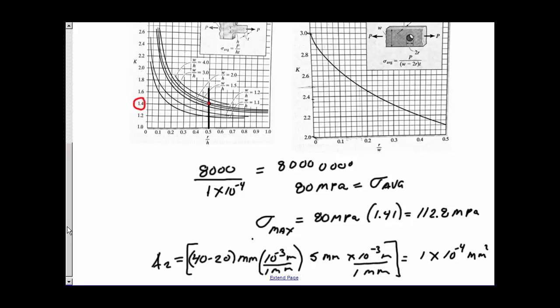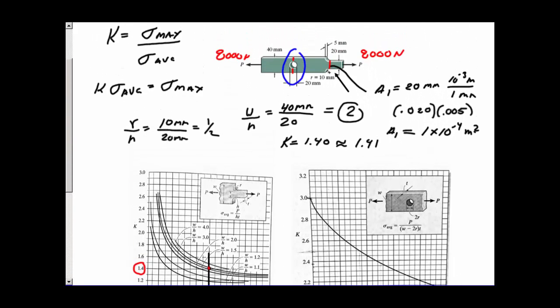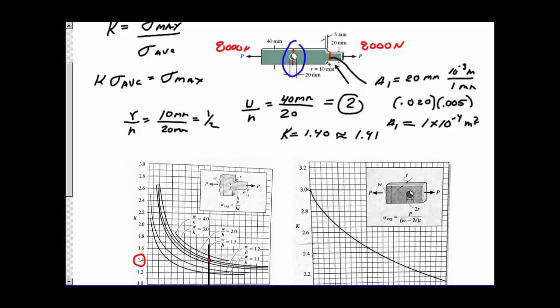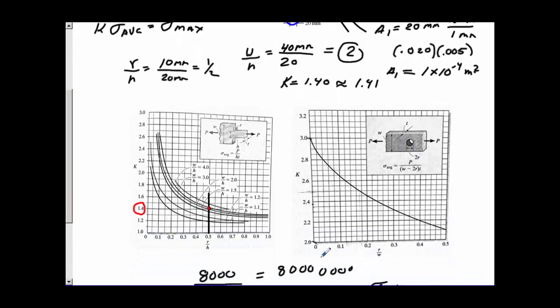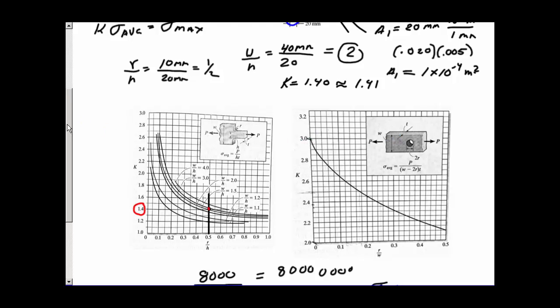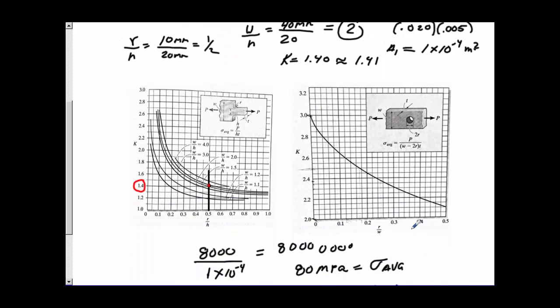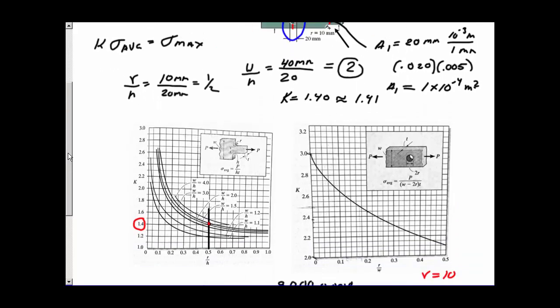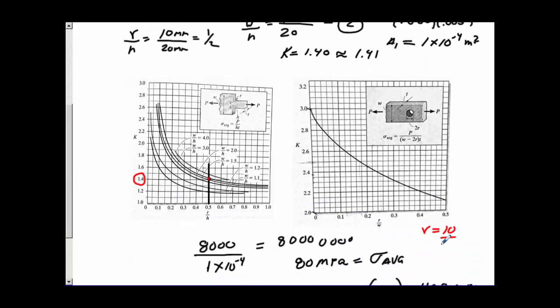Okay, now we have to find out what the concentration factor is going to be on that one. Again, all you're going to do is come down here. It wants to know the ratio of R over W. R in this case is the radius of the circle, and we have a diameter of 20, so R is equal to 10. W is this entire width, which in this case would be 40. So that gives us 1/4 or 0.25.